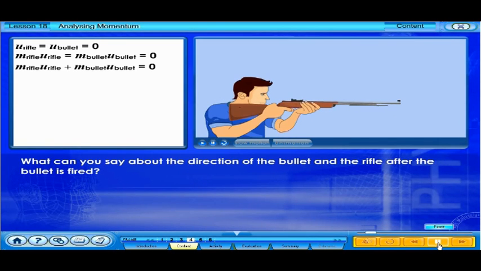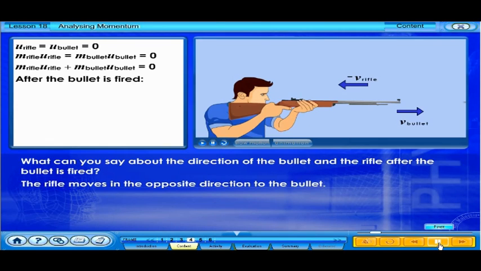What can you say about the direction of the bullet and the rifle after the bullet is fired? The rifle moves in the opposite direction to the bullet.